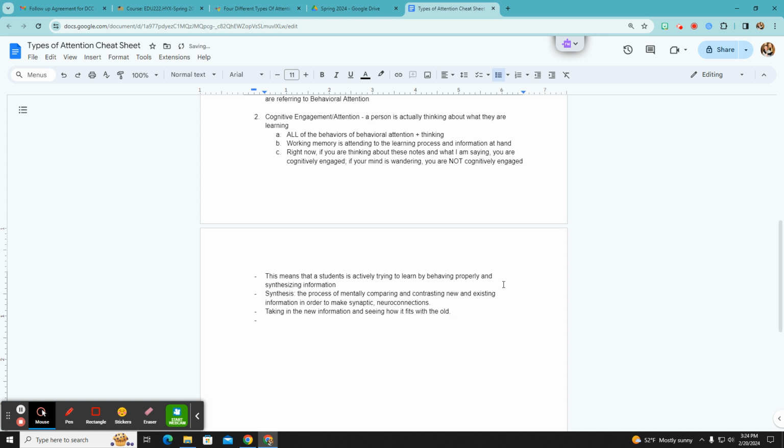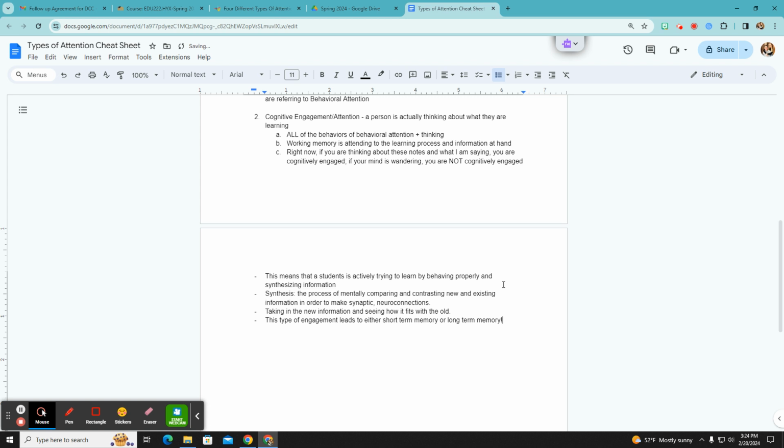Here's my final note on this. This type of engagement leads to either, this isn't guaranteed, but either short-term memory or long-term memory. Okay.